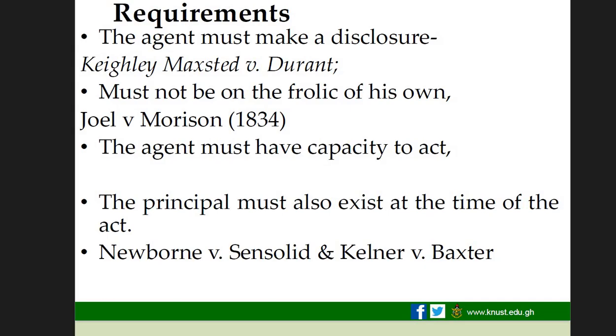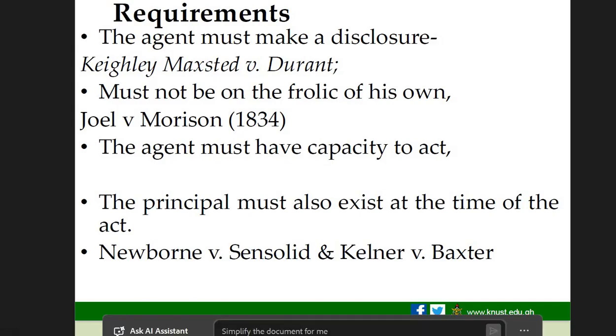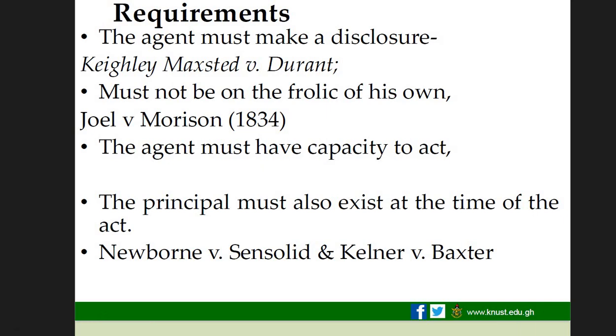So it shouldn't be a situation like Kelner versus Baxter. In this particular case, when you read about it, you see that the agent acted on behalf of a company that was not even in existence.